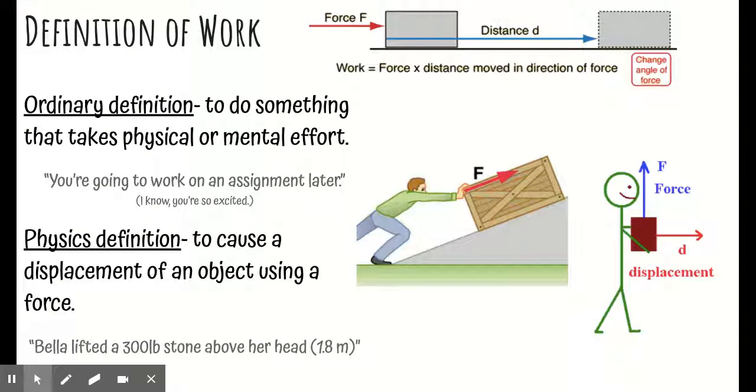So again, we're running with this theme of forces and vectors. We will continue drawing force diagrams, free body diagrams. There are some stipulations when it comes to work, like what qualifies as work and what does not. So we'll talk about that first.